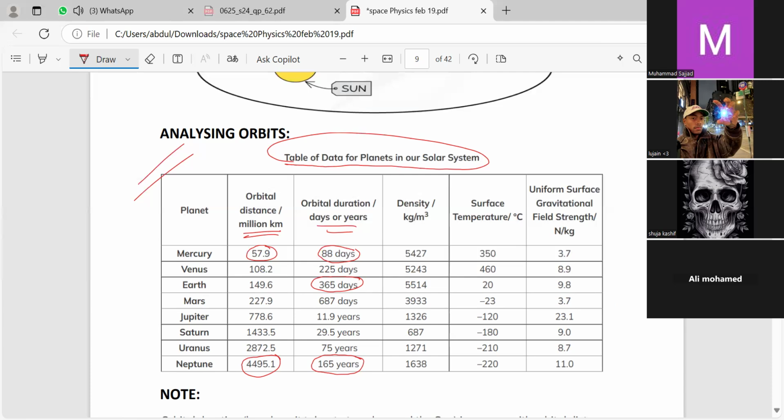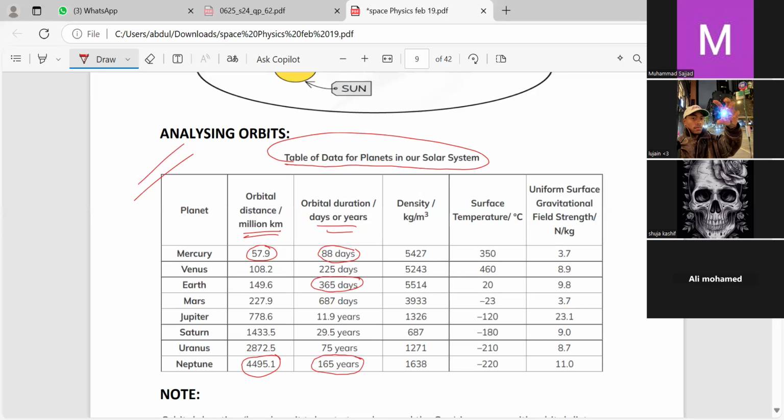That is much longer, so the orbit of Neptune is very long. So Mercury has to travel a smaller distance to orbit around the sun, while Neptune has to travel a much longer distance. So of course it will take longer.